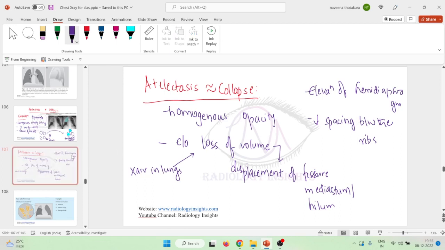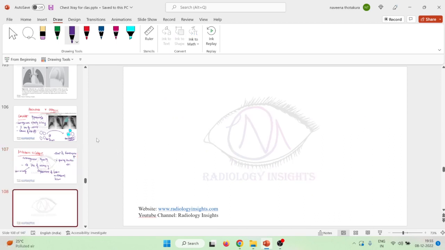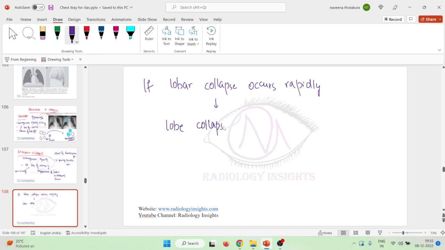One more important thing is when lobar collapse occurs rapidly. If lobar collapse occurs rapidly, then this lobe will collapse into a paper-thin structure or slice.